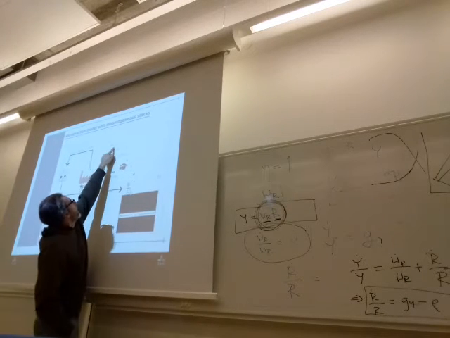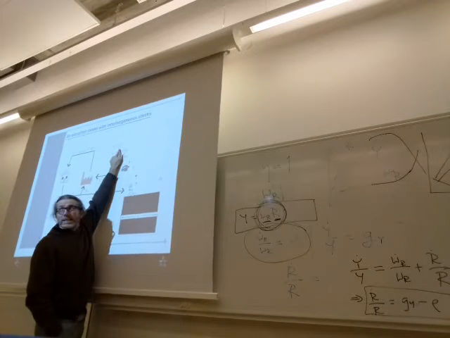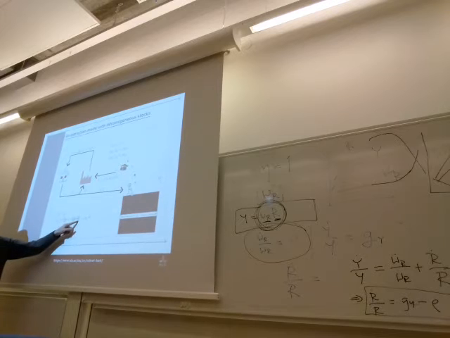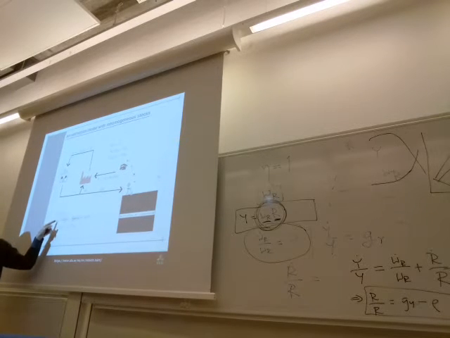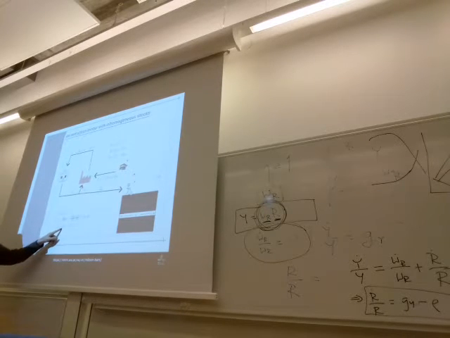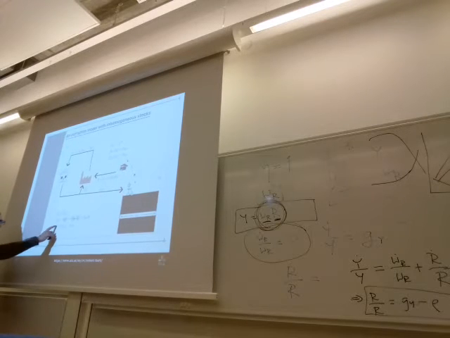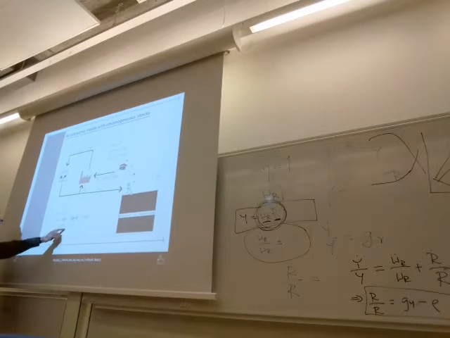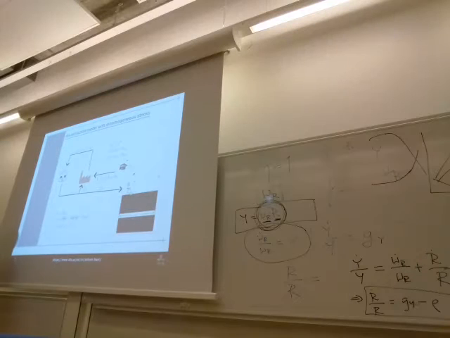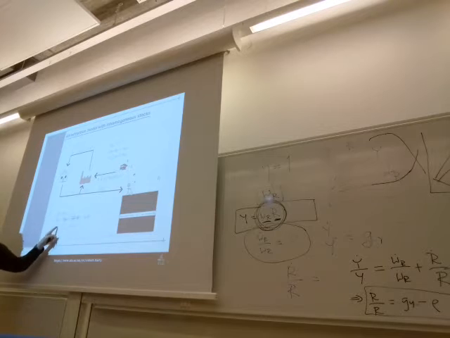And dAD by dD is just AD, if you think about differentiating an exponential, and dD by dt is just D dot. So AD dot is AD D dot. AD dot over AD is D dot, which is x over 5. So the rate of increase in the difficulty of extraction is proportional to the rate of extraction x. All that is just to get to this really simple result.